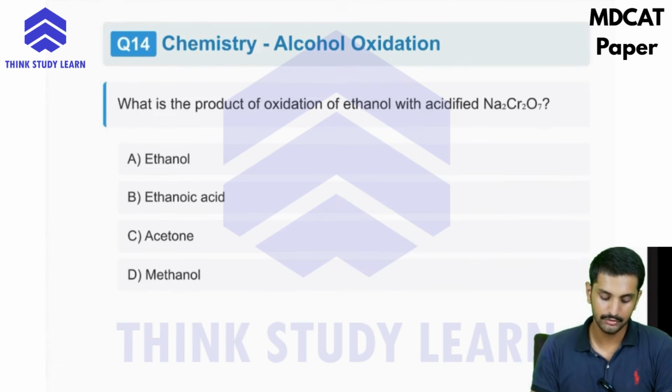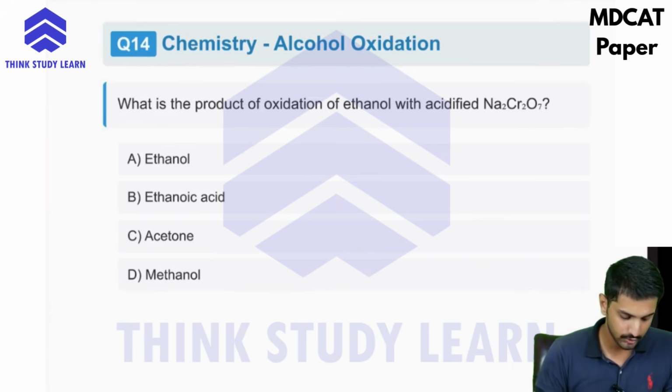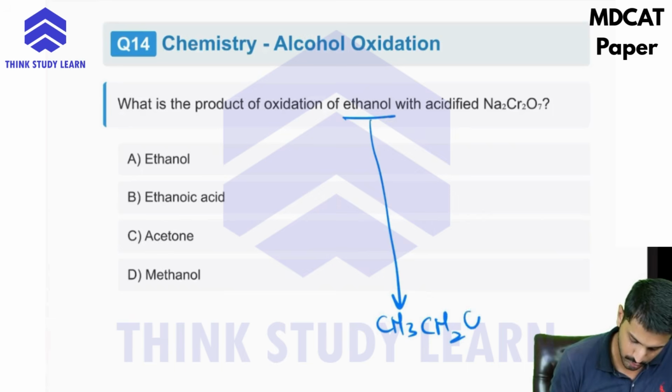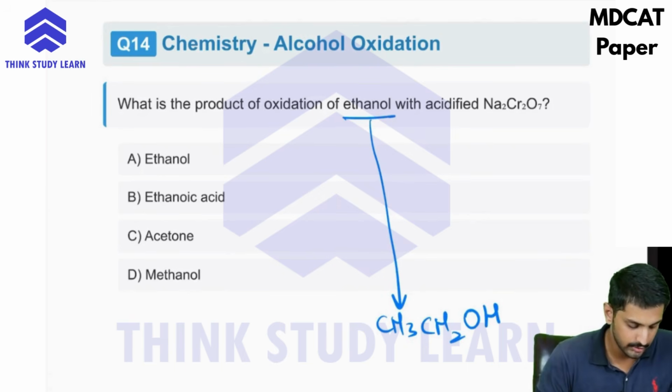What is the product of oxidation of ethanol with acidified Na2Cr2O7? So basically this is sodium dichromate, and ethanol, which is CH3CH2OH, is a primary alcohol, which means 1 degree.